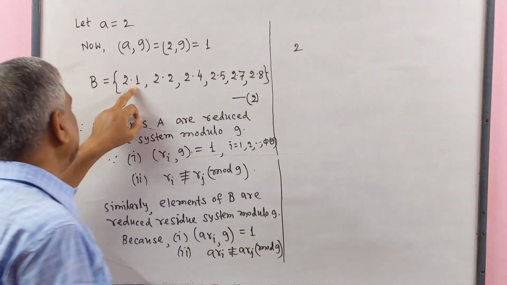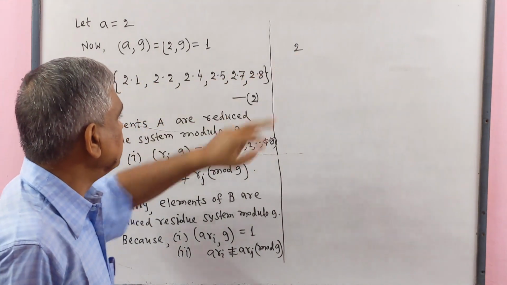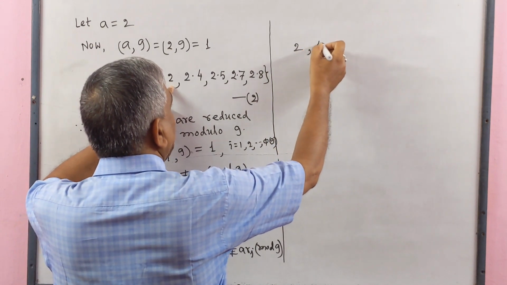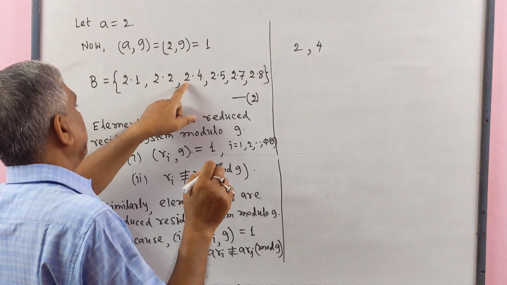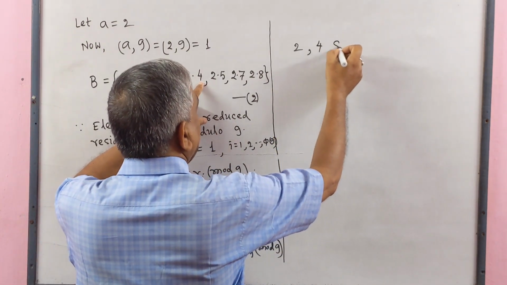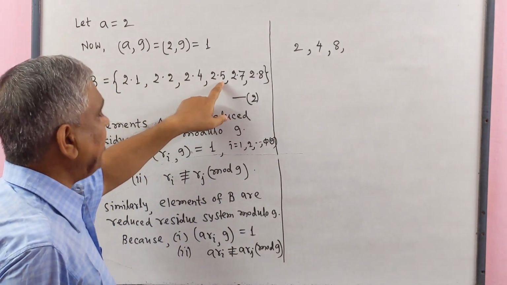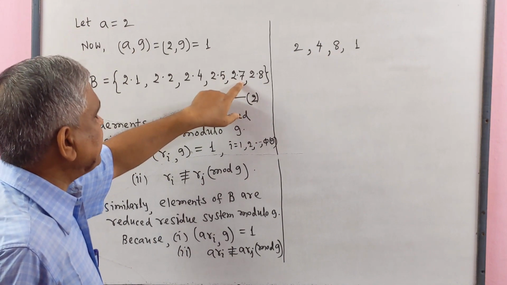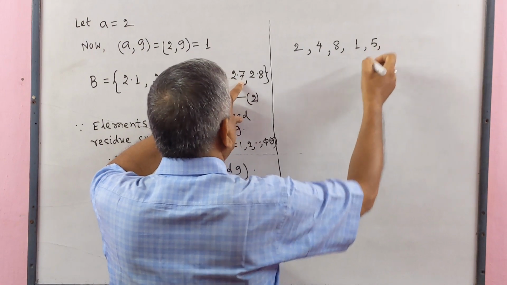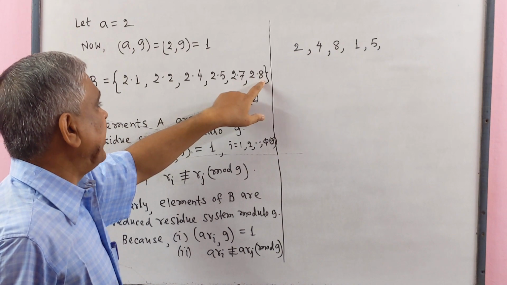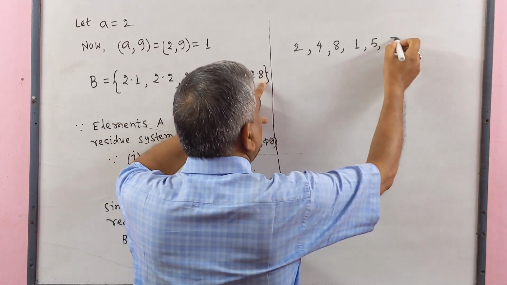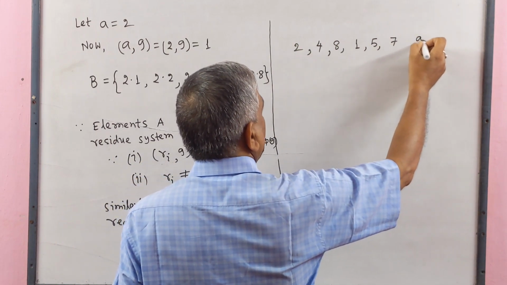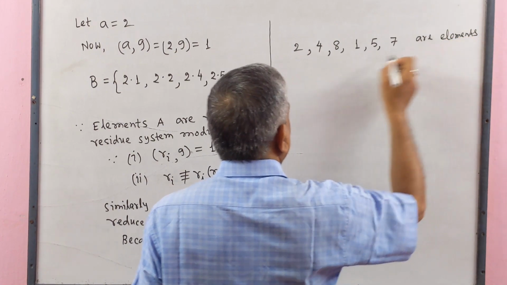If we divide 2 multiplied by 1, that is 2, by 9, we get remainder 2. 2 multiplied by 2, that is 4, gives remainder 4. 2 multiplied by 4, that is 8, gives remainder 8. 2 multiplied by 5, that is 10, gives remainder 1. 2 multiplied by 7, that is 14, gives remainder 5. 2 multiplied by 8, that is 16, gives remainder 7. So these are elements of A.